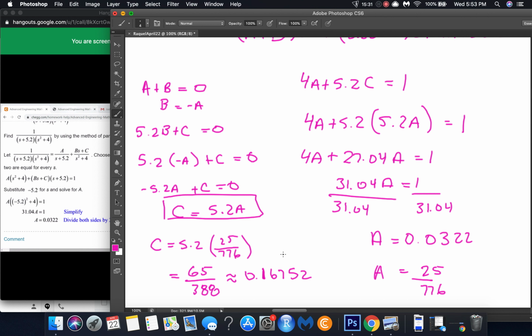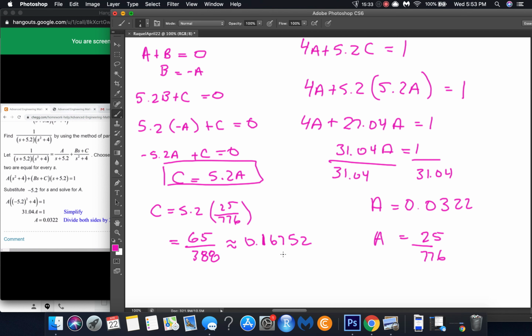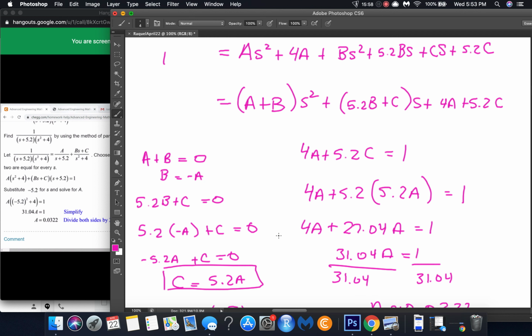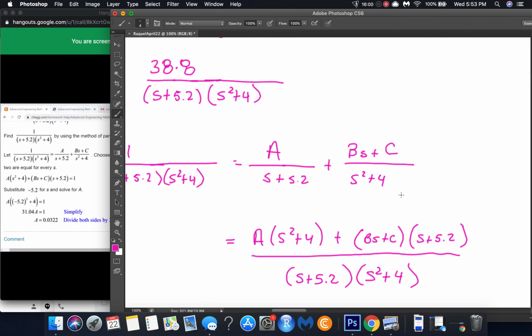And then b is negative a, so b is going to be equal to negative 25 over 776, which is again approximately negative 0.0322.